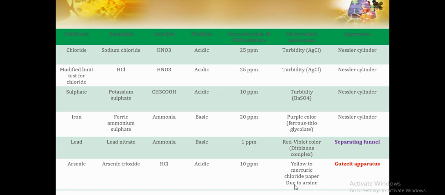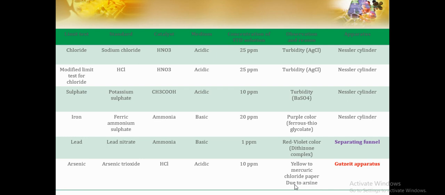In the second last column, there is an observation and the reason behind that observation. What we observe in limit test for chloride is turbidity. The turbidity is because of AgCl, silver chloride, because it is insoluble in water in acidic condition. Similarly, the turbidity in case of limit test for sulfate is because of barium sulfate. Barium sulfate is insoluble in water, so it will give you turbidity.